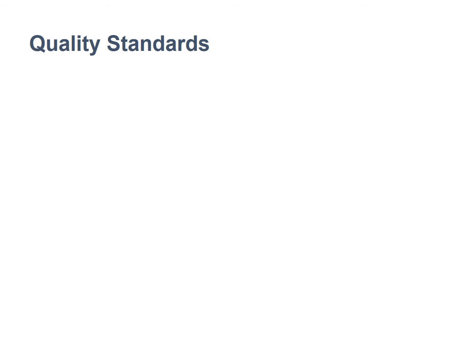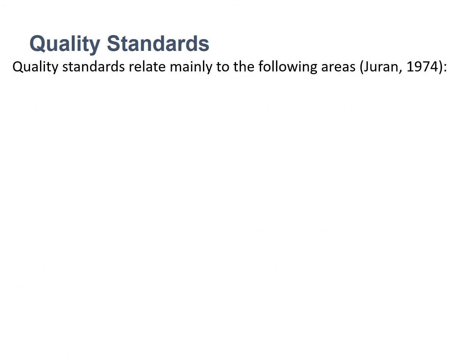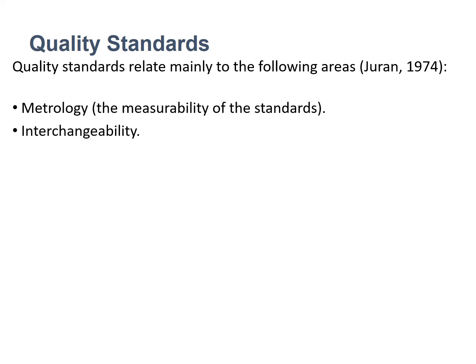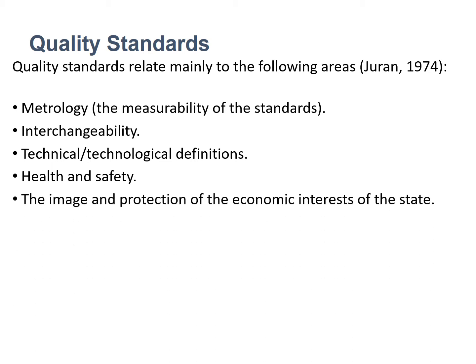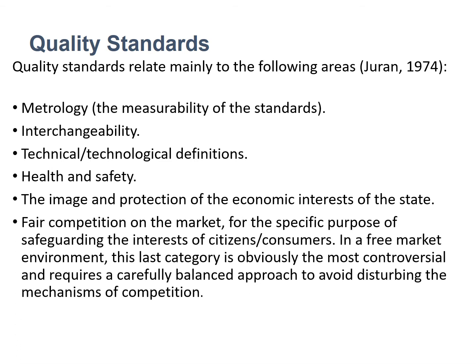So we're looking at quality standards. Quality standards relate mainly to the following areas: methodology, the measurability of the standards, interchangeability, technical and technological definitions, health and safety standards, quality standards, the image and protection of the economic interests of the state, and fair competition on the marketplace, for the specific purpose of safeguarding the interests of citizens and consumers.